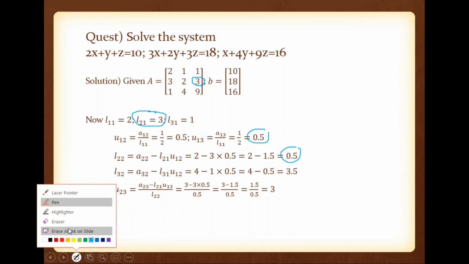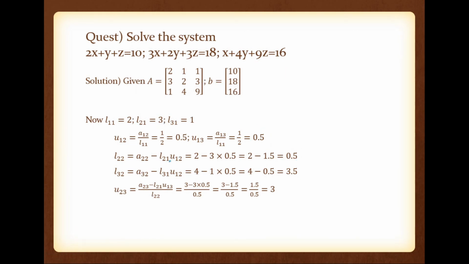So now what is left? L33. So what is L33? A33 minus L31 into U13, minus L32 into U23.